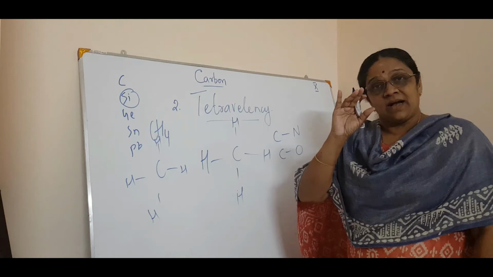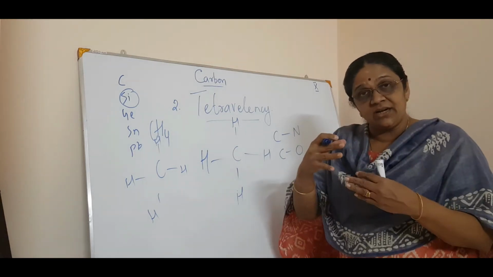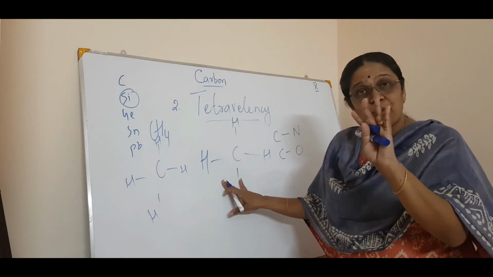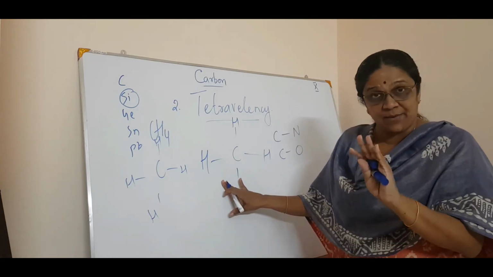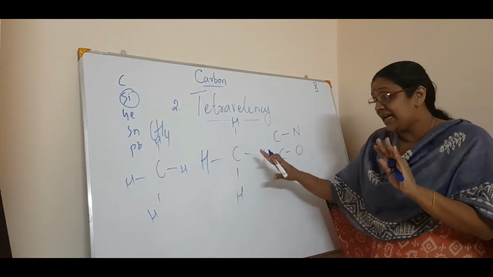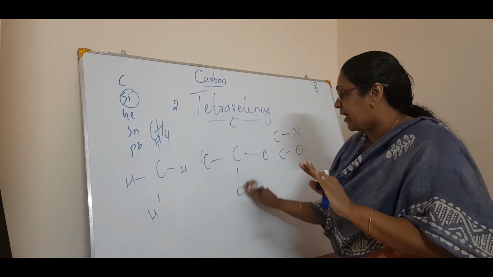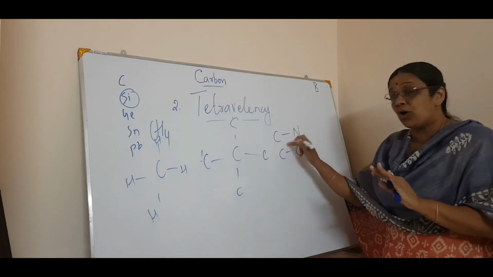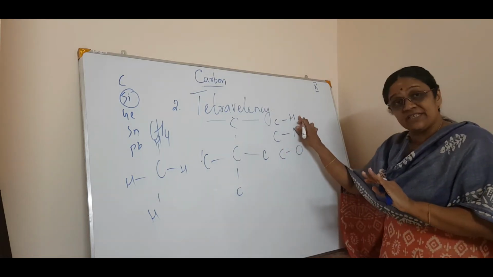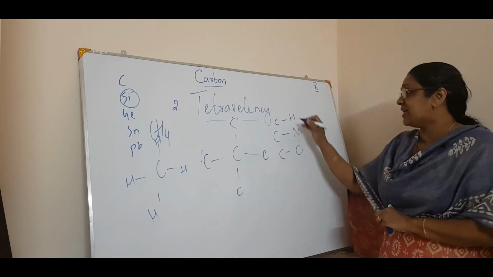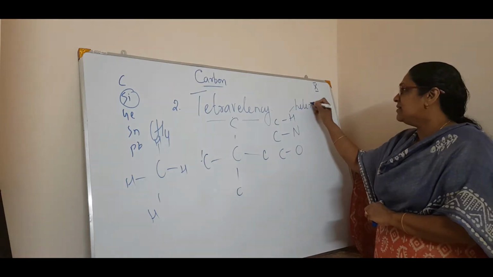So the carbon has an ability to form tetravalent bonds. 4 valencies, so it can have 4 bonds at a time. Either it can bond with carbon itself, or it can bond with hydrogen, nitrogen, oxygen, etc. These are called heteroatoms.